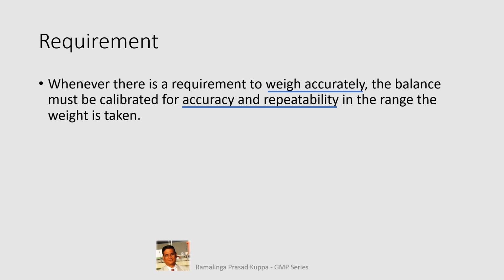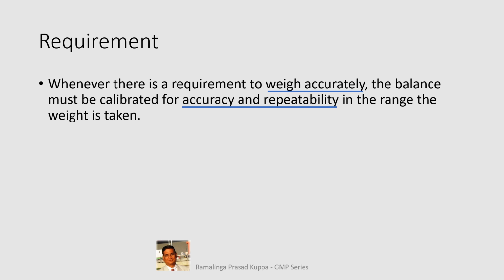For 1 gram, you can weigh any amount between 0.9 and 1.4 grams, whereas for 1.0 grams, the limit would be narrower, between 0.95 and 1.04 grams, and it will be still narrower at 0.995 and 1.004 for a value of 1.00 grams. So the balance used should be able to weigh accordingly.